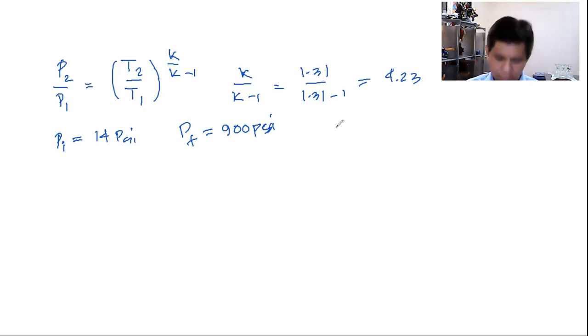So what we're going to do, actually in the problem it is given that you're going to use three compressors in series. So go back to the problem. I forgot to mention that while I was reading.